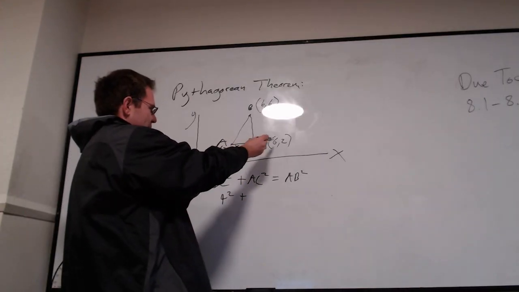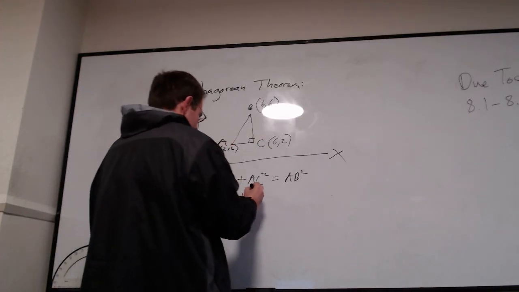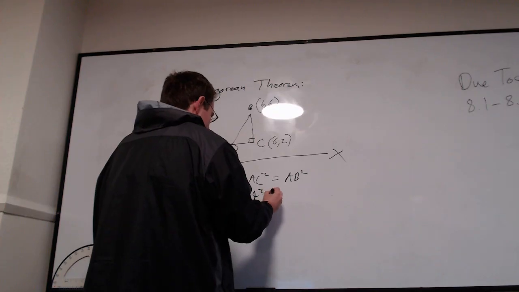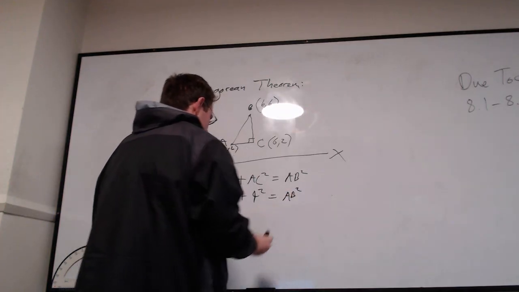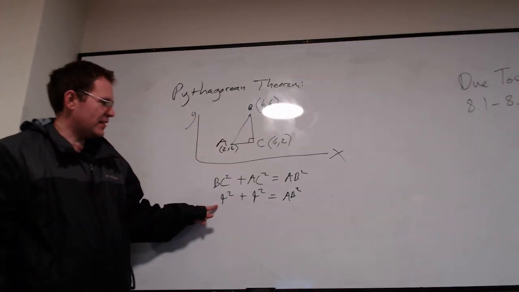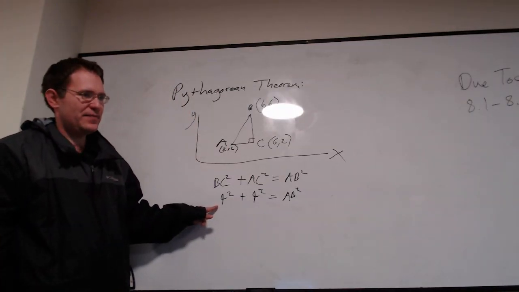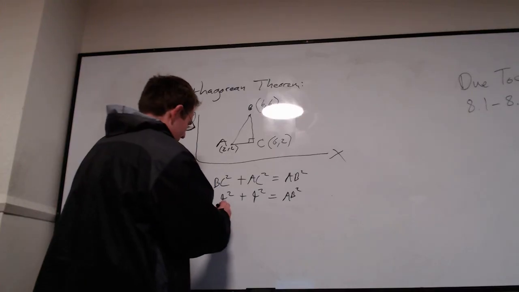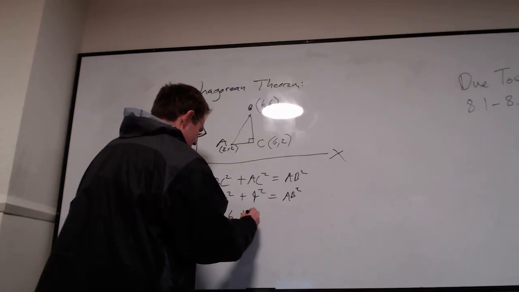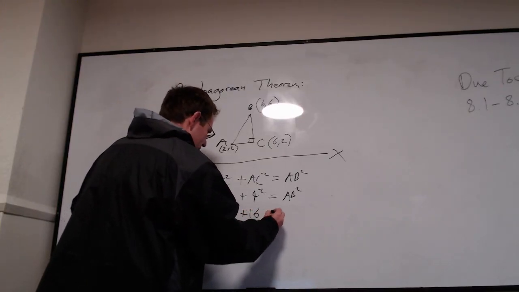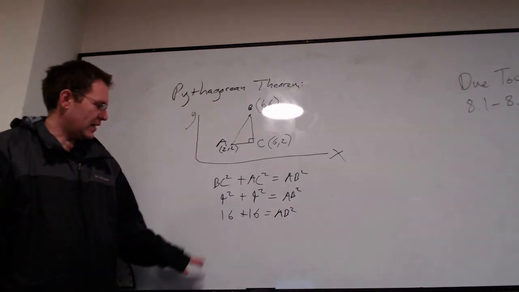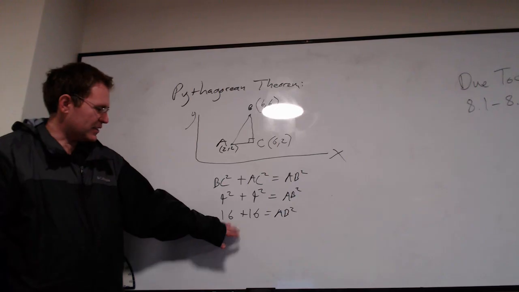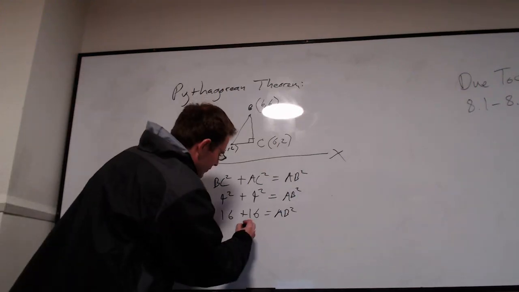So 6 minus 2 is 4, so that's 4 squared equals AB squared. So 4 squared equals what? 16. Yep, so 16 plus 16 equals AB squared. So 16 plus 16, that's 32.